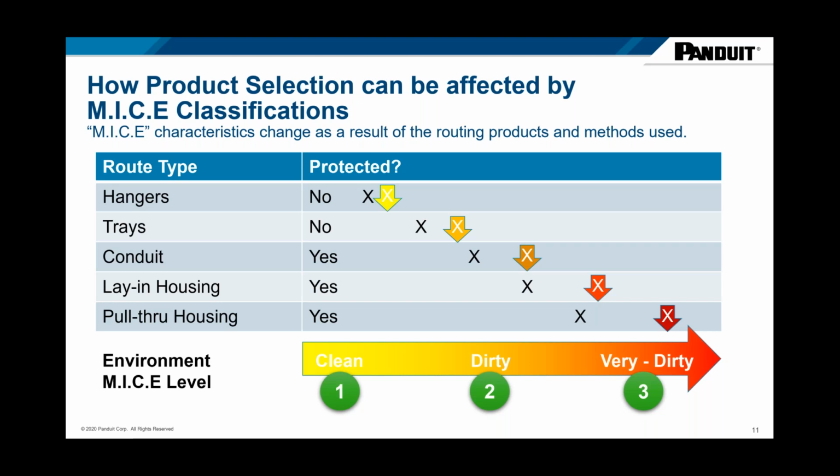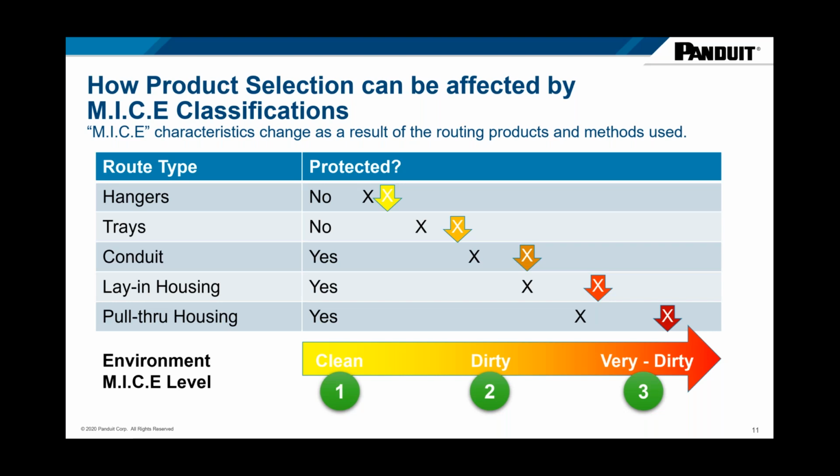And so this is more so from the practical perspective and, routing, cabling, and pathways, which is a common thing to happen. So understanding the M.I.C.E concept and how we can harden equipment as a way to address M.I.C.E is one of the things to consider. So we can take our standard Ethernet cable up in the ceiling, we can put it in hangers. As we get a little closer down to the plant floor, maybe we're running it in trays. As we get right to where the machine level is, maybe we have it in conduit, right, for impact protection.